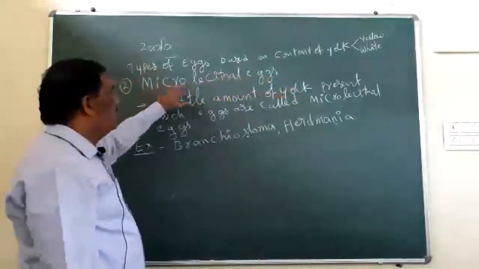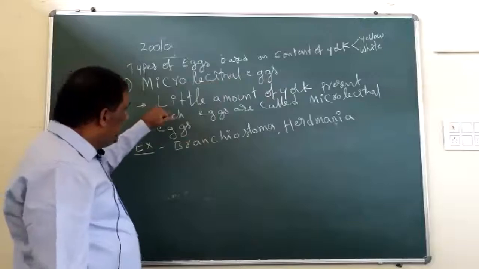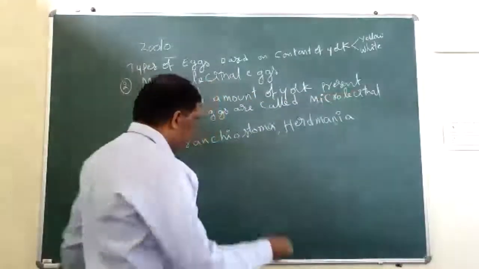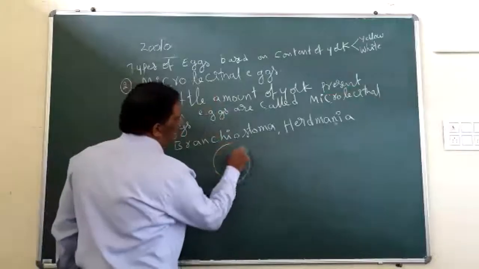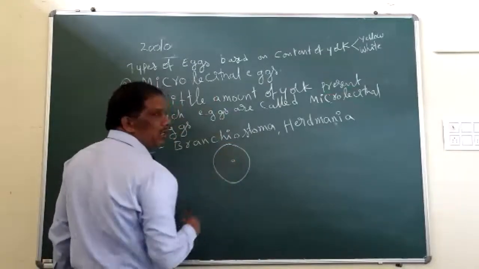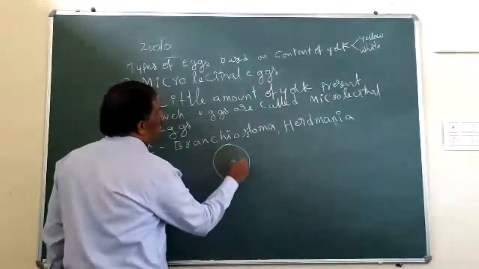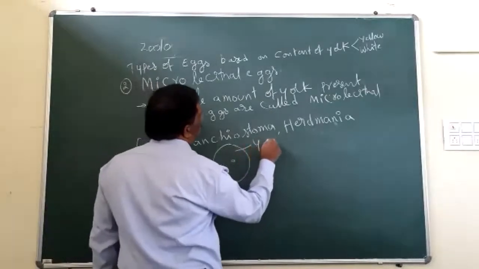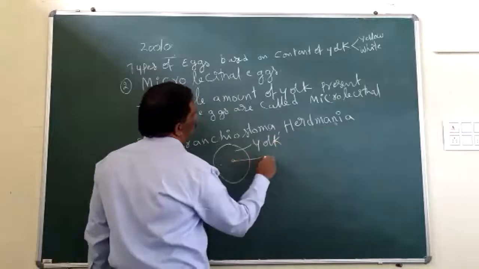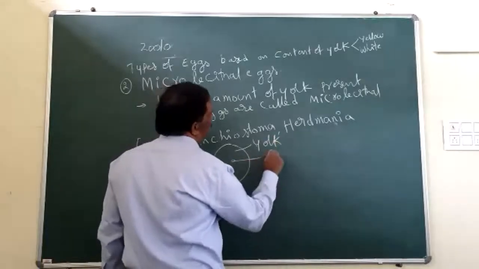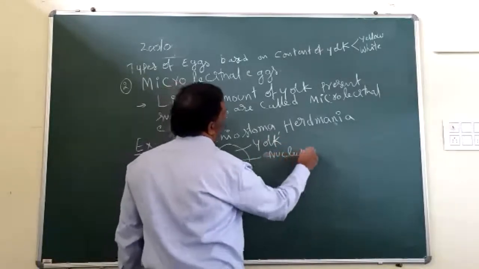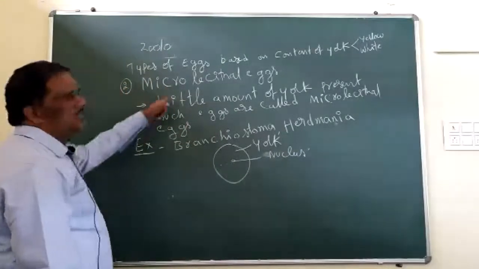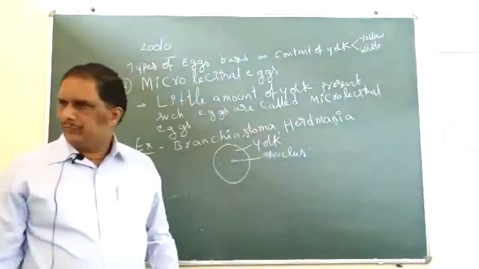So, what are microlecithal eggs? A little amount of yolk is present in the eggs. Say, this is the egg, this is the nucleus, and this is the yolk, a little amount of yolk. This is the nucleus. Right. This is the second type of eggs.